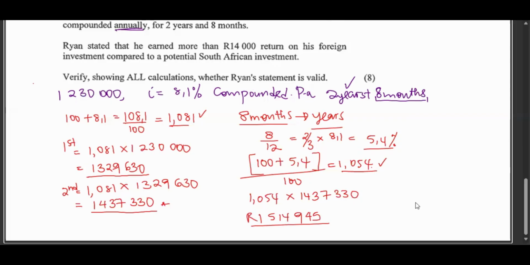So they are saying he would have earned more than 14,000. So let's see.